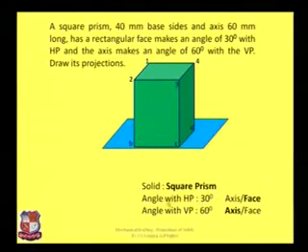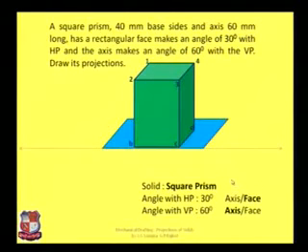The second step is to think about the angle with the horizontal plane and the angle with the vertical plane. In this case, the face makes an angle of 30 degrees with the horizontal plane and the axis of this solid makes an angle of 60 degrees with the vertical plane.